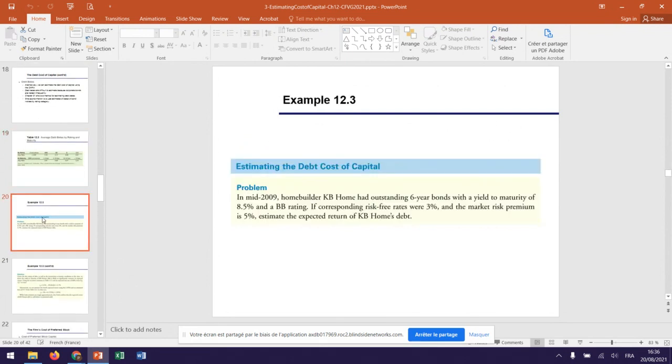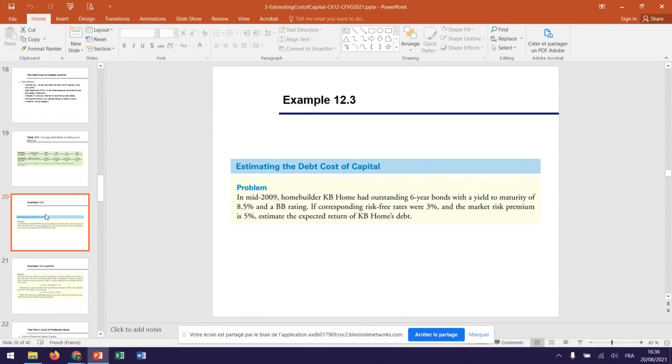All right, so for example, in mid 2009, home builder KB Home had an outstanding 6-year bond with a yield to maturity of 8.5% and a double B rating. If the corresponding risk-free rate were 3% and the market risk premium is 5%, estimate the expected return of KB Home's debt.